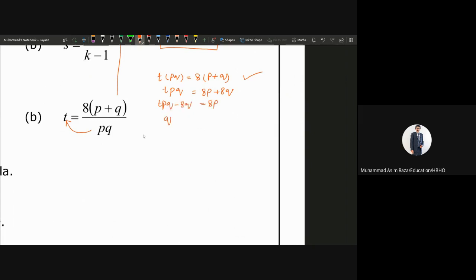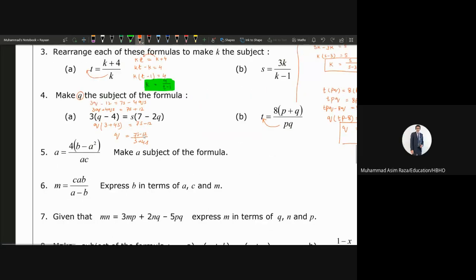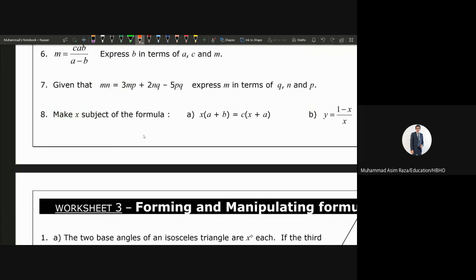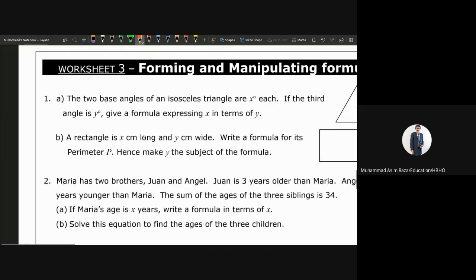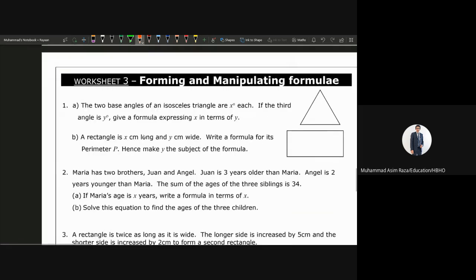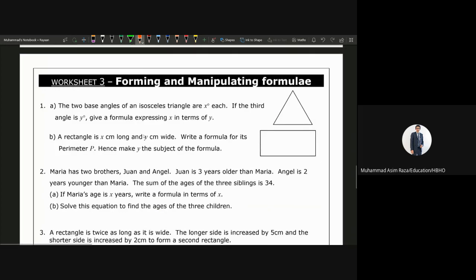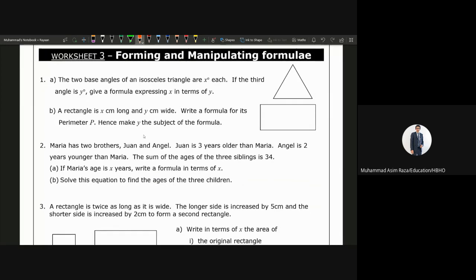Now you can make q the subject so that you can have q into tp minus 8 is equal to 8p, and q is equal to 8p over tp minus 8. Is it clear? Yes, sir. Okay. You see that all of these questions are like this. You have to expand. Yeah, exactly. So the next thing is forming and manipulating formulas.